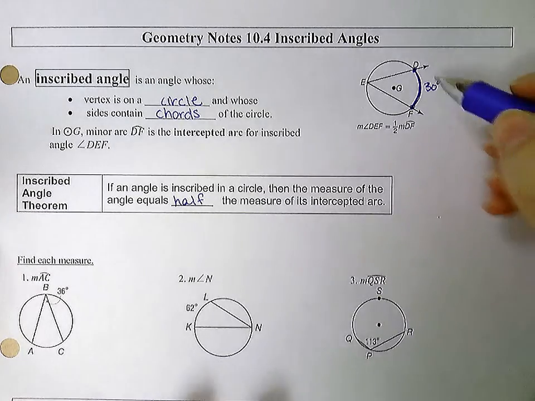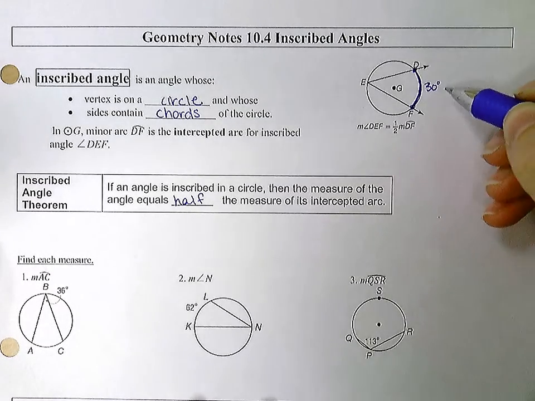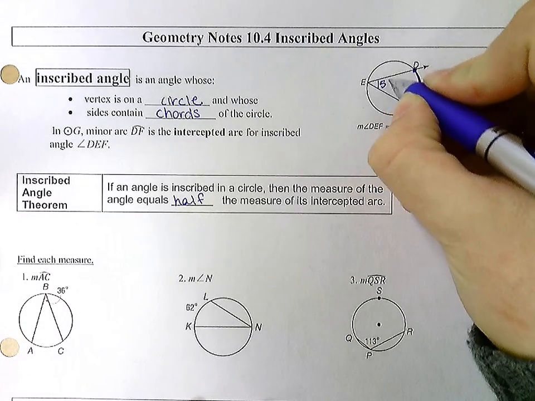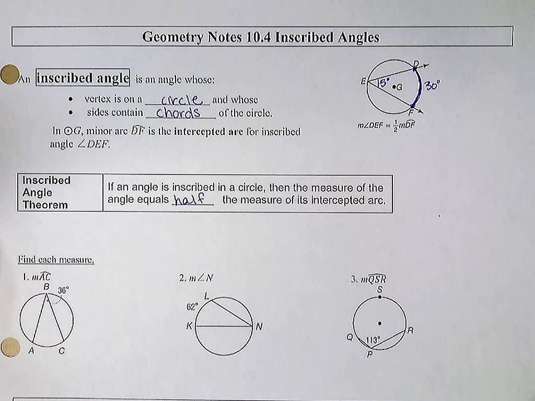All I have to do is take half of my intercepted arc to get that inscribed angle is 15 degrees. So it's half of that intercepted arc and vice versa. If I knew that inscribed angle was 15 degrees, I can find that intercepted arc by multiplying by 2.